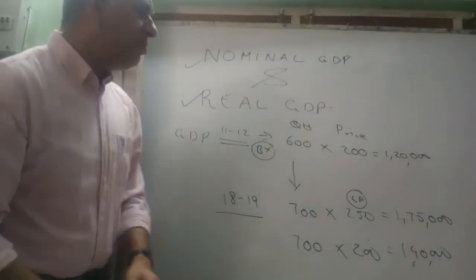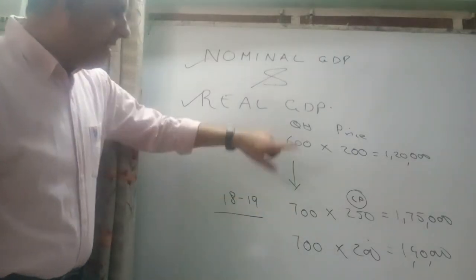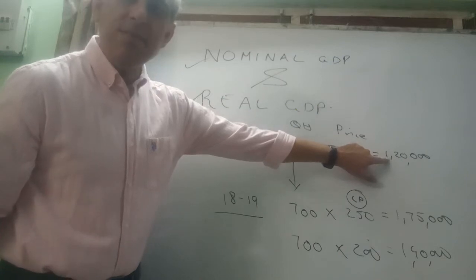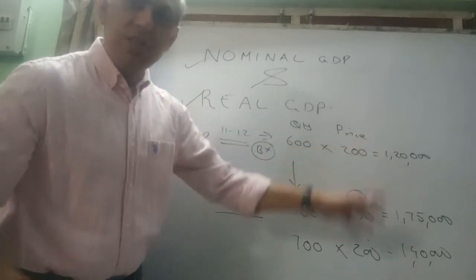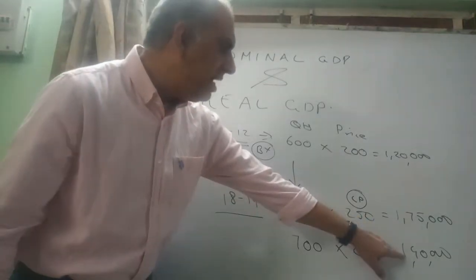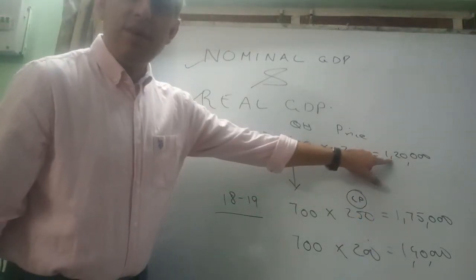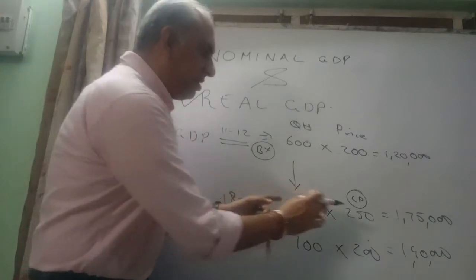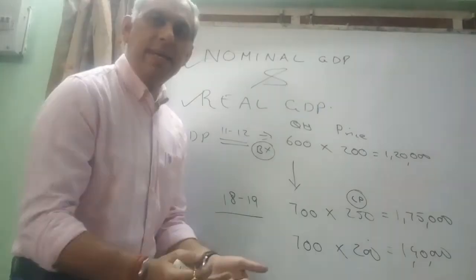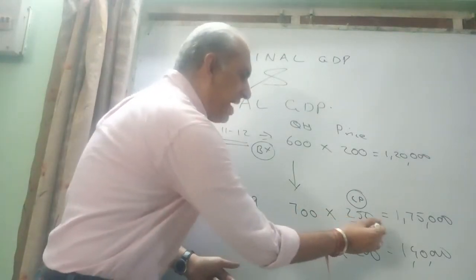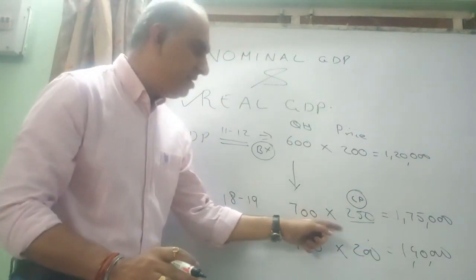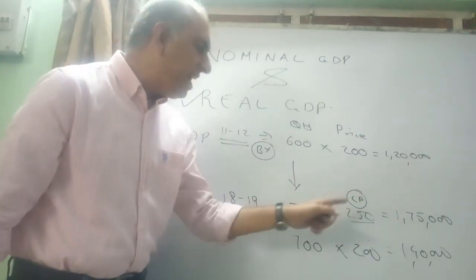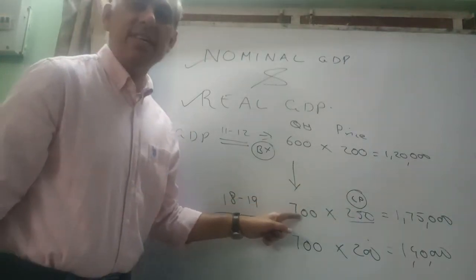Now my question to all of you will be, is this 1,75,000 better to be compared with 1,20,000 to see the growth, or is 1,40,000 better to be compared with 1,20,000 to see the growth? My answer would be, this 1,75,000, even though looking better, has one element of price which is comparatively higher, and therefore 1,75,000 is also made up of increased price, not just increased quantity.